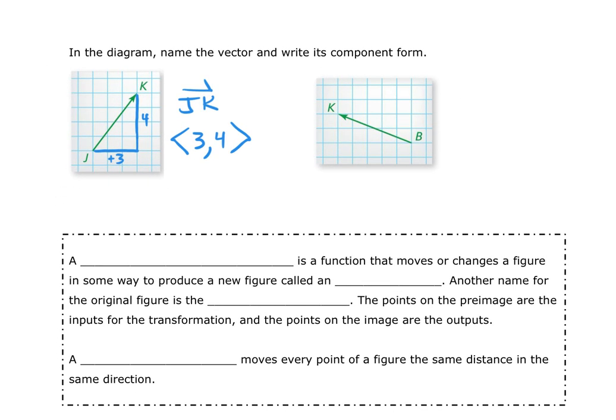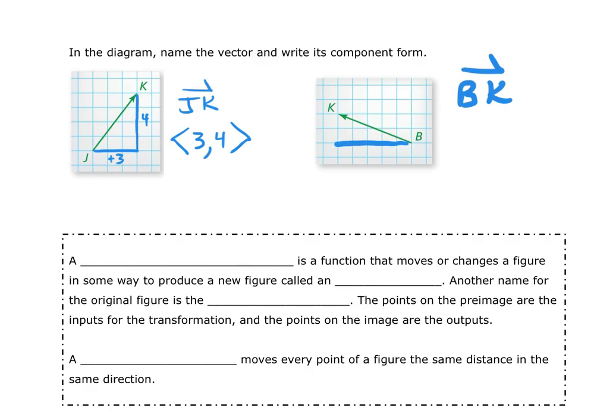Okay, the one on the right. We're starting at B, we're going to K. The arrow tells us the direction of this vector. So we start at B, we go to K, BK is our vector. Because we started at B, that tells me the direction that we are moving.